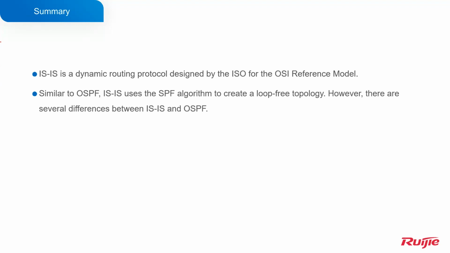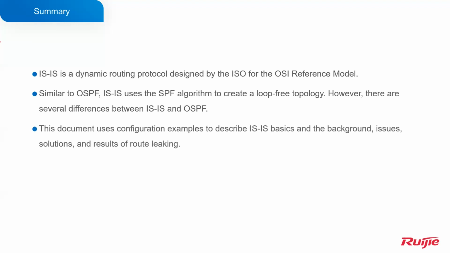Some features are different between ISIS and OSPF, and we also have an introduction on what the differences are. This part uses a configuration example to describe ISIS basics, the backbone issue solution, and the result of route leaking.